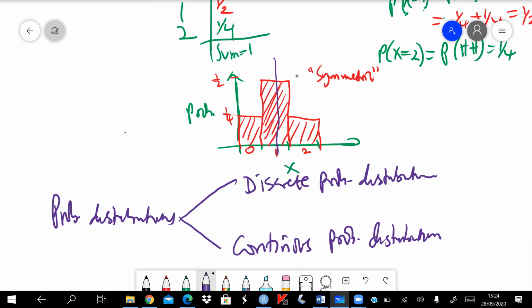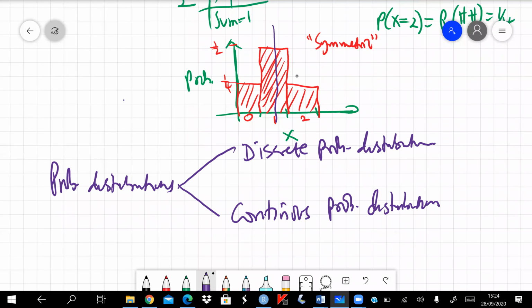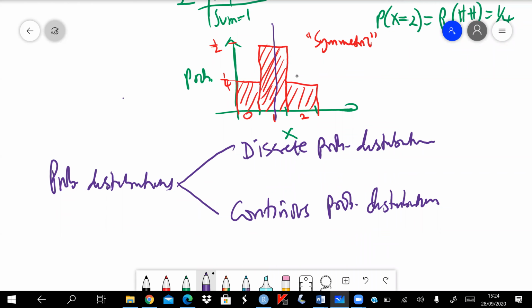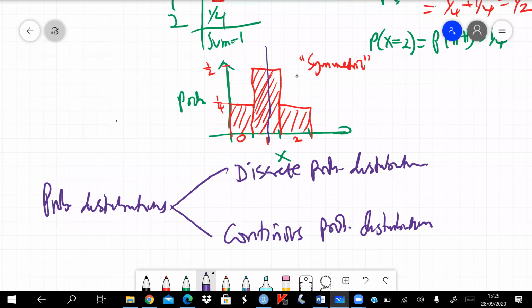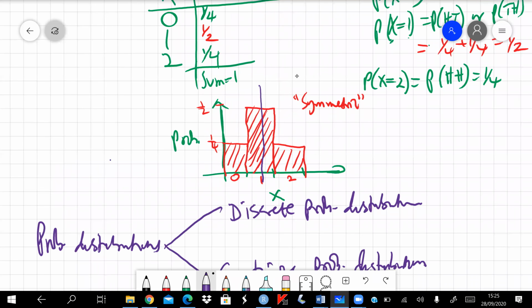A probability distribution is said to be discrete if the variable involved is a discrete variable, which I've already defined. On the other hand, a probability distribution is called a continuous probability distribution if the variable in question is continuous.